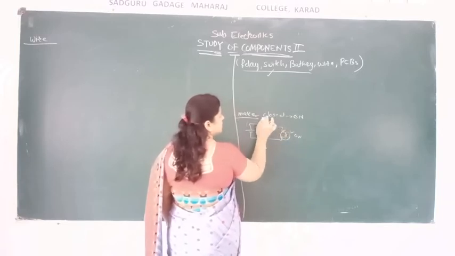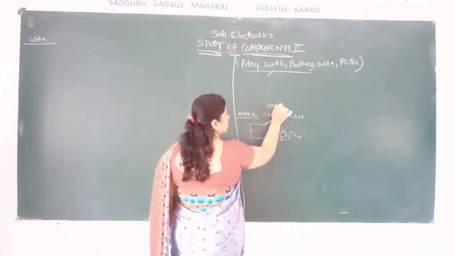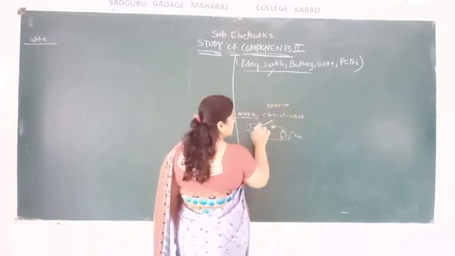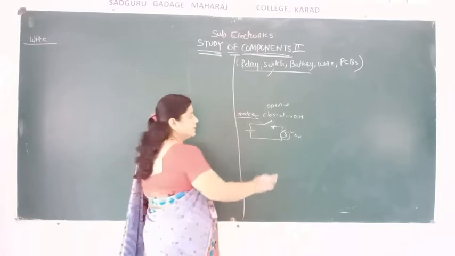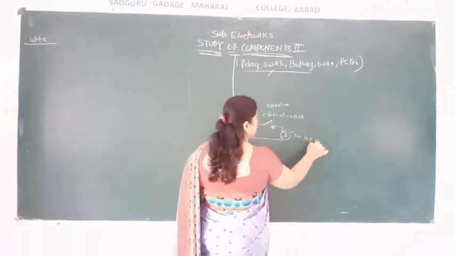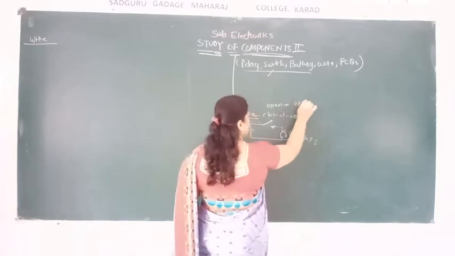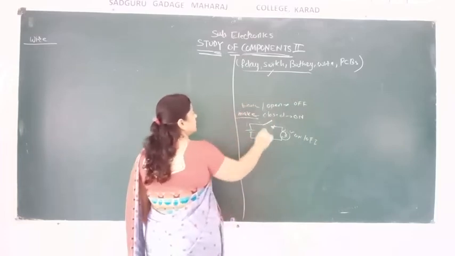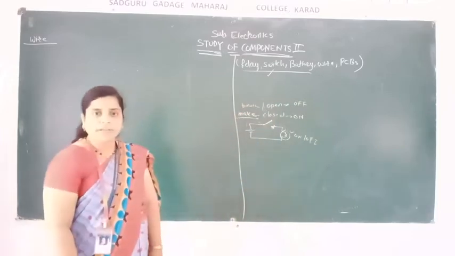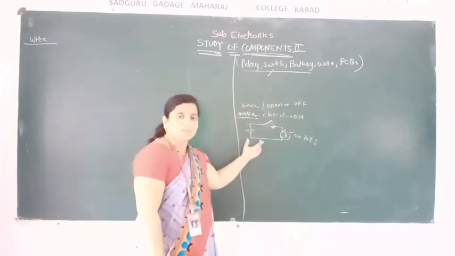Then current will not flow, voltage will not flow through this, and the bulb will be in the off condition. This is the break condition. This concept is there in the switch.